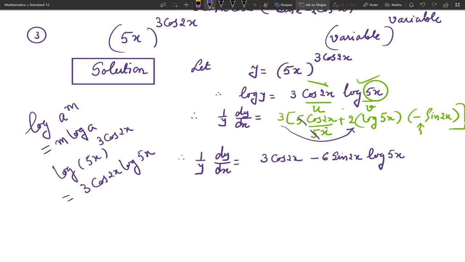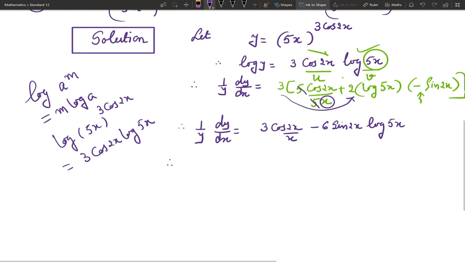This x is remaining, so cos 2x by x. Now multiplied by y, so we can get the value for dy by dx.